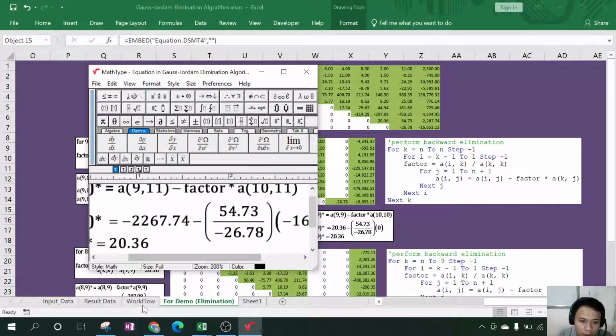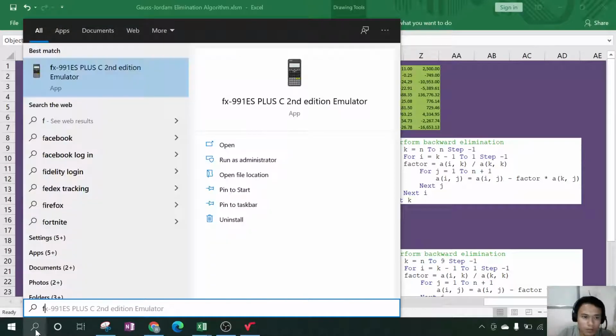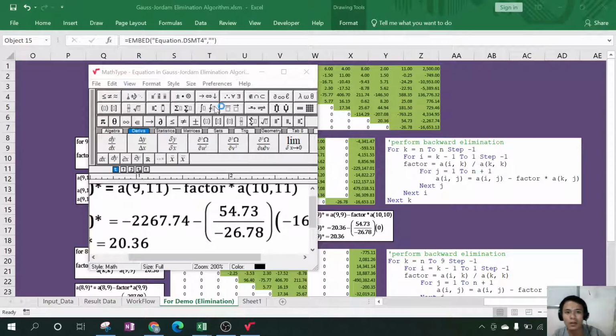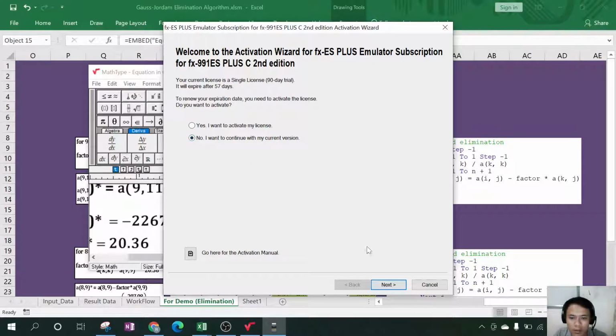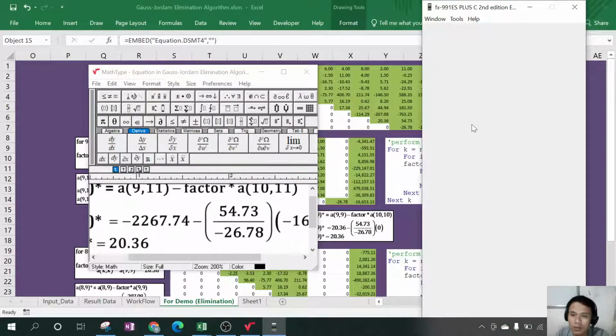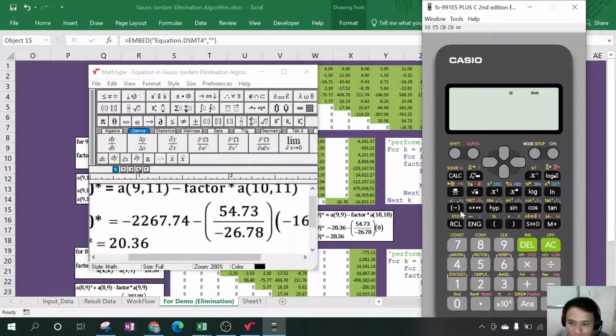If we solve this one, let me use a calculator.